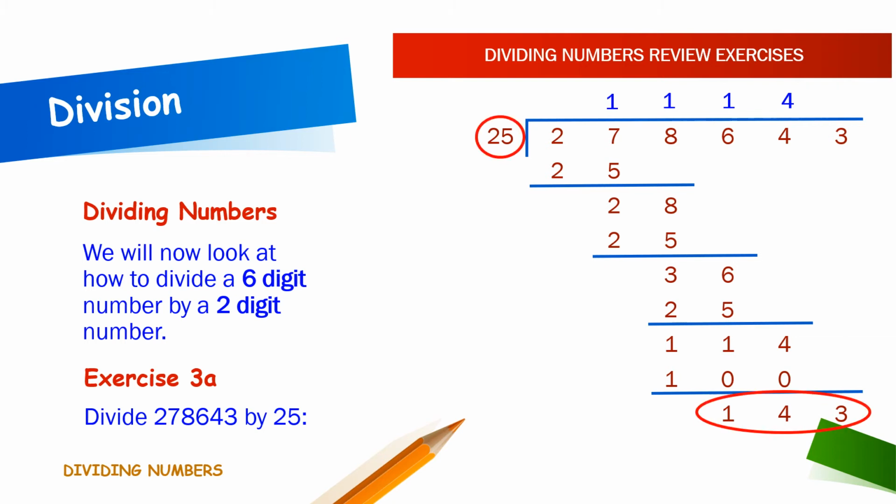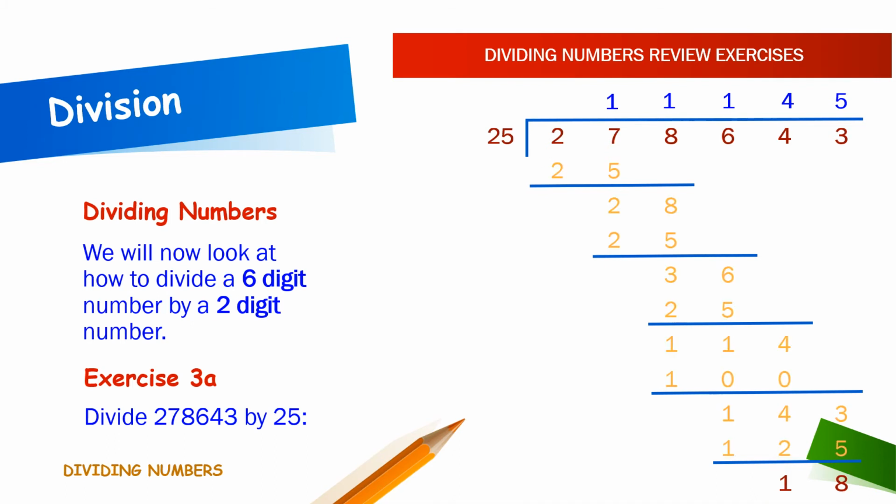How many 25s are there in 143? There are 5 25s in 143. Position the 5 here and then multiply 25 by 5 to give 125 as shown. And then subtract 125 from 143 to give 18.